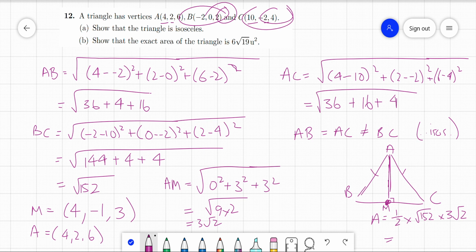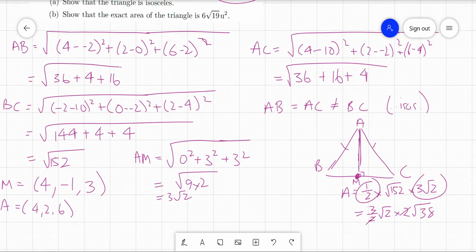Alrighty, so here I'll put these two together. So I've got 3 on 2, root 2. Now I've got 4 times 38 is 152, so that'll be 2 root 38. So those 2's will cancel, and 38 is 2 times 19.